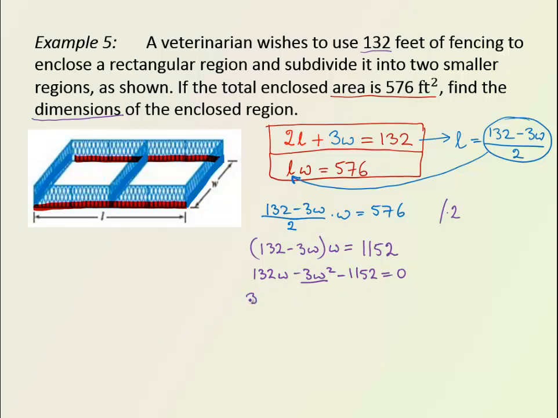So we can write 3W squared minus 132W plus 1152 equals 0. Now when I look at all the coefficients, it turns out that all of them are divisible by 3. So to simplify our calculations, let's divide this equation again by 3, leaving us with W squared minus 44W plus 384 equals 0. Now let's see if we could factor this polynomial.